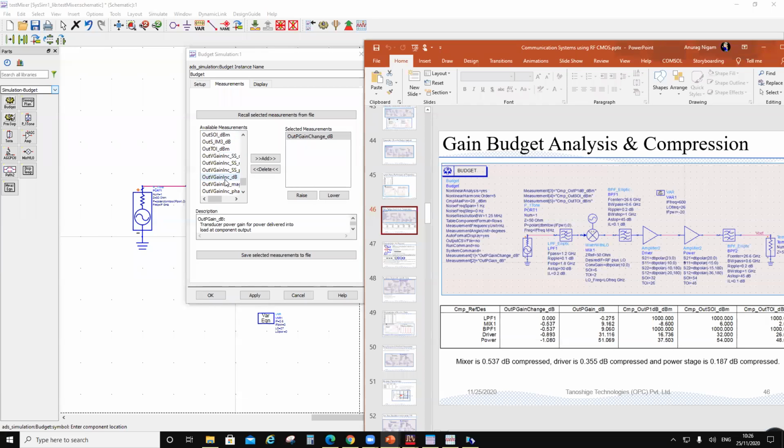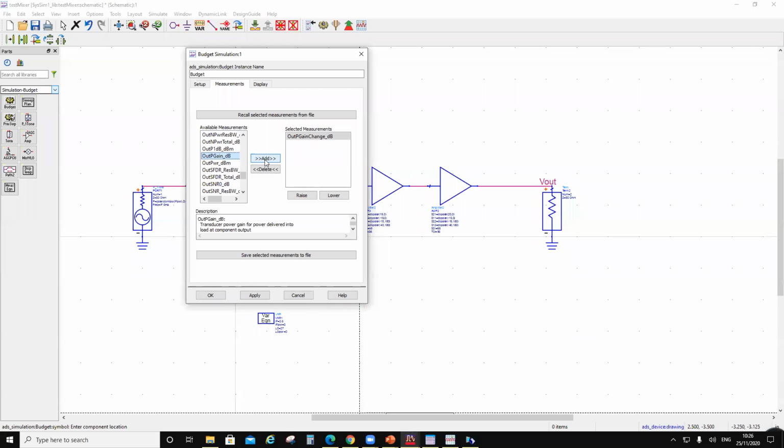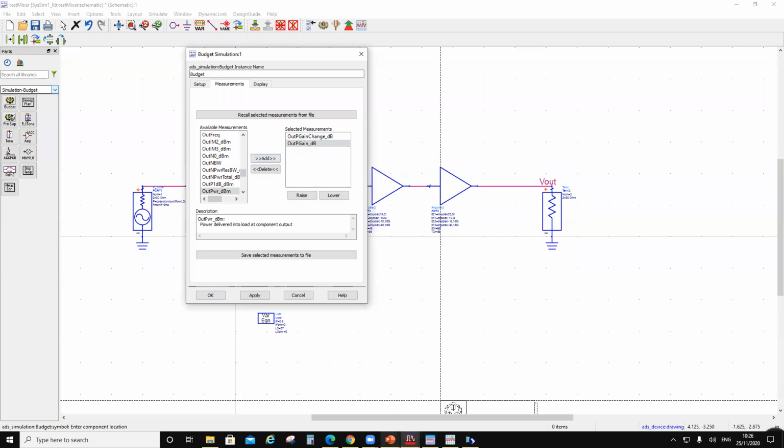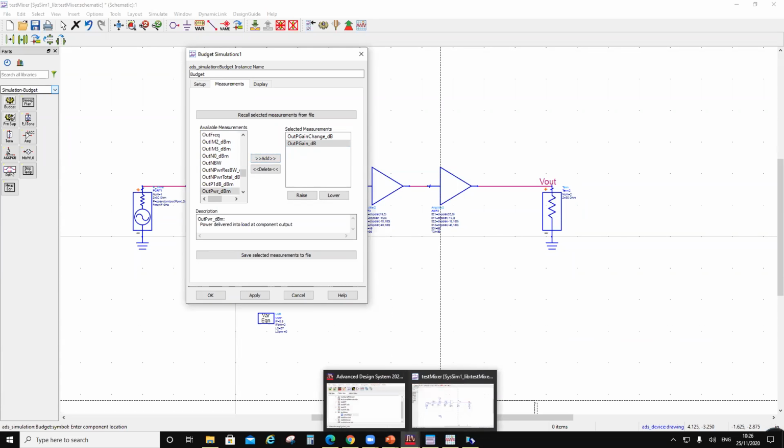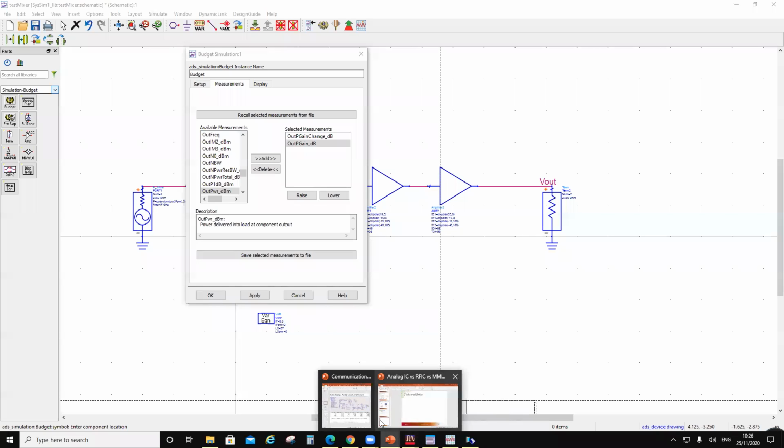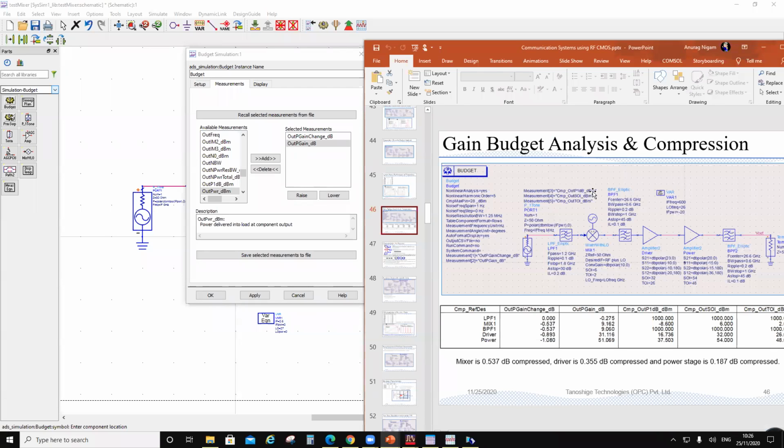That was gain change; this is gain. Next, what I want to see in the budget is component output P1 dB and component output SOI and TOI.